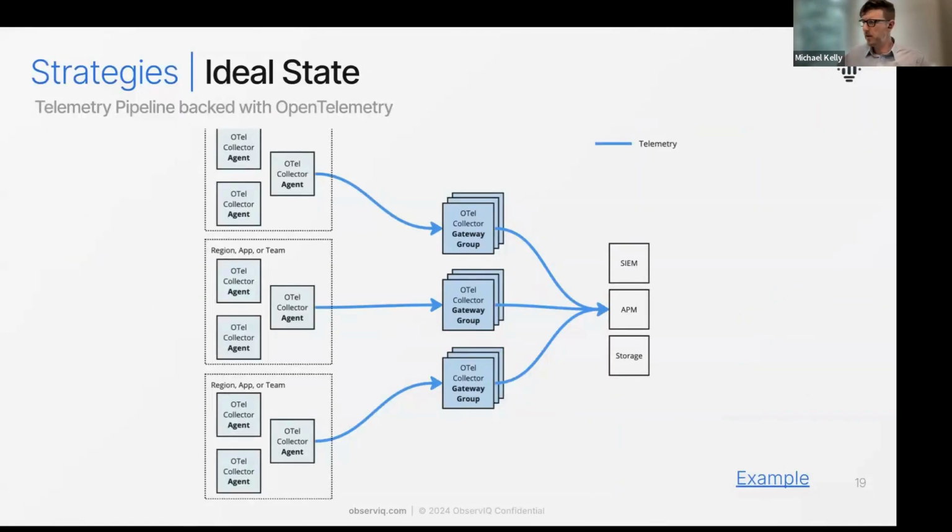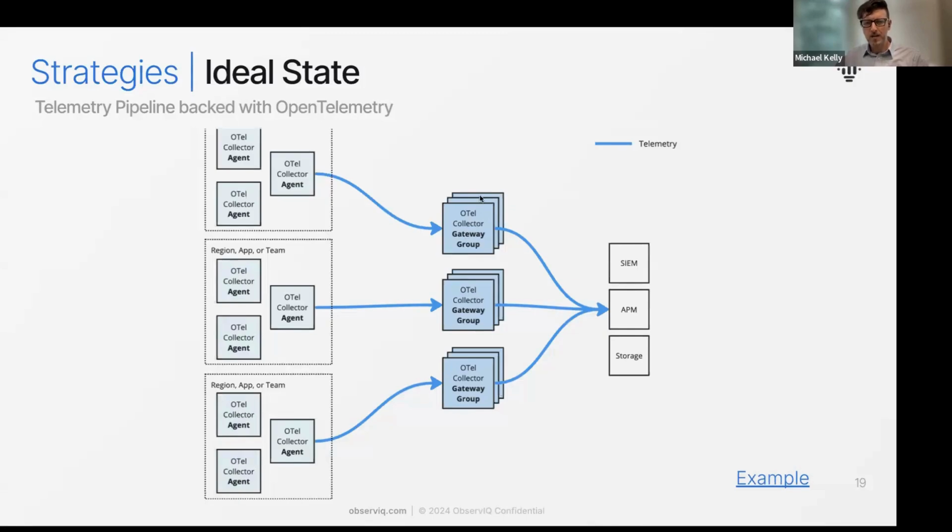Just one more look at the ideal state. Typically what we want to get to, in a very large environment, is that you have your agents. These are deployed at the edge. They may be on a host, they may be in a Kubernetes node, and it could include an SDK that's instrumenting your applications. But these are all transmitting to a gateway group.